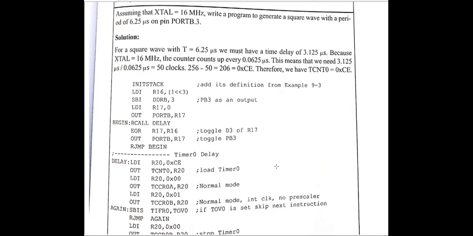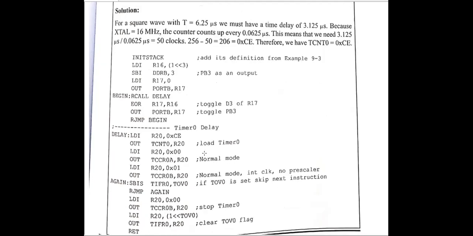First we are including the definition from example 9.3 in the stack. Then we have PB3 as output, toggle PB3 of R17, and timer delay. Then we have OUT TCNT0, R20 to load Timer0. Then we have OUT TCCR0A, R20 for normal mode.